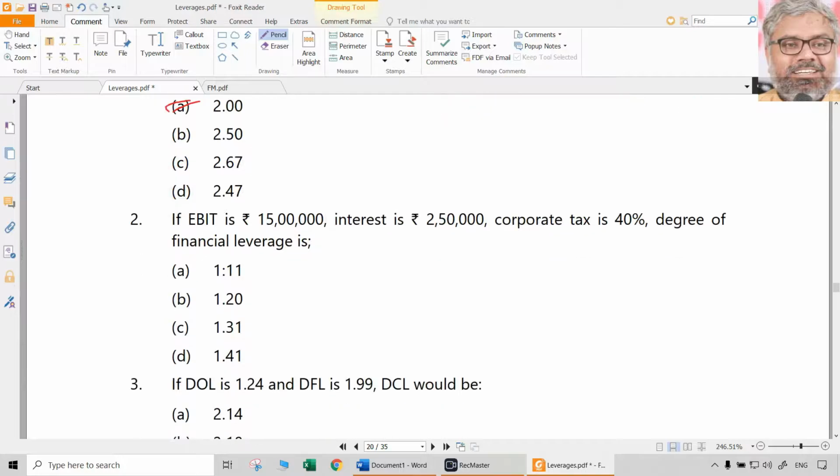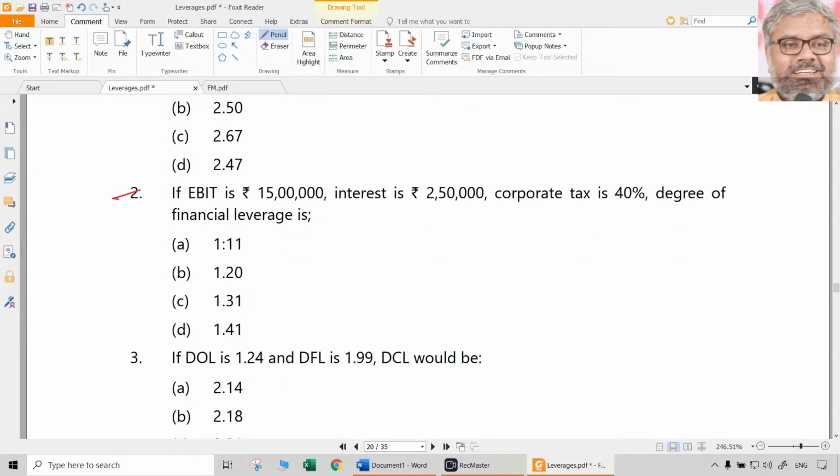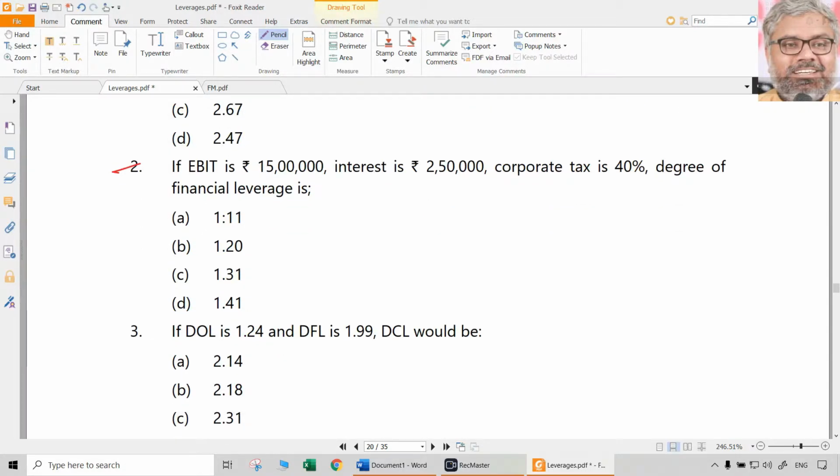That's it. Second question. If EBIT is 15 lakhs, interest is 2 lakhs 50,000 rupees, corporate tax rate is 40%, degree of financial leverage is how much? Formula once again. EBIT divided by EBT.